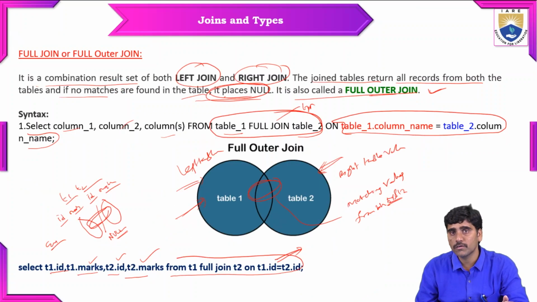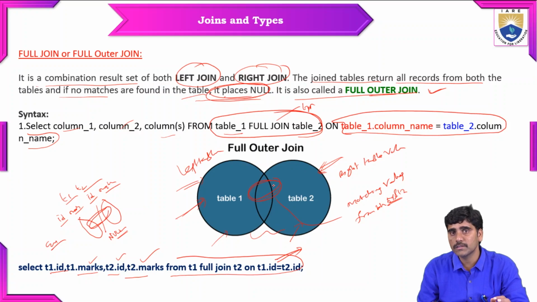And full join or full outer join. In this join, the values will be retrieved from both tables, so it includes the left table values, that is table 1 values, and the table 2 values, and it displays the common values also.